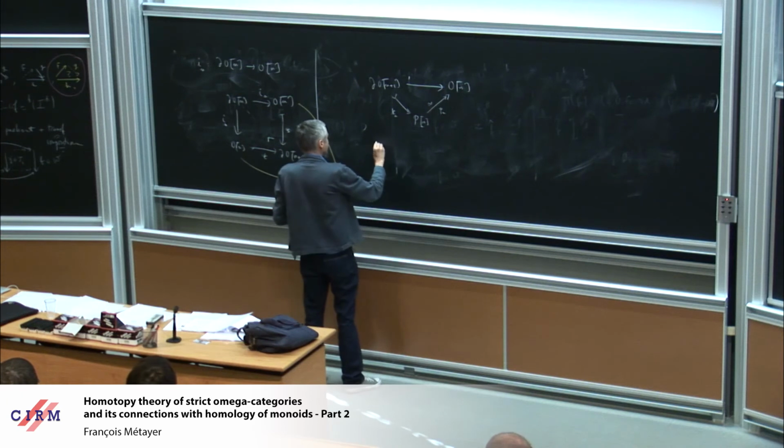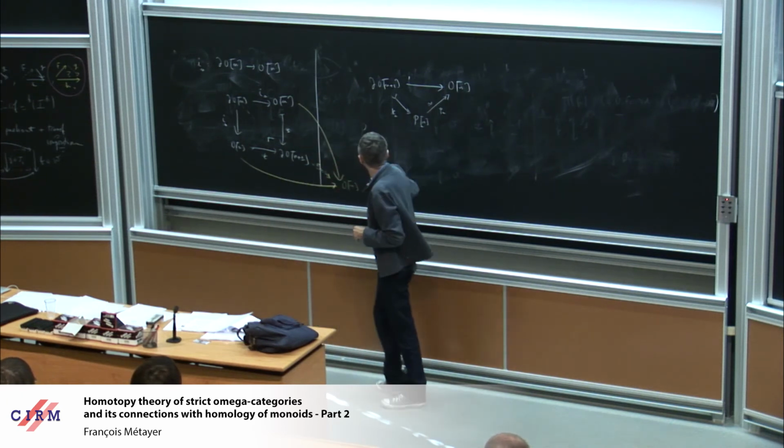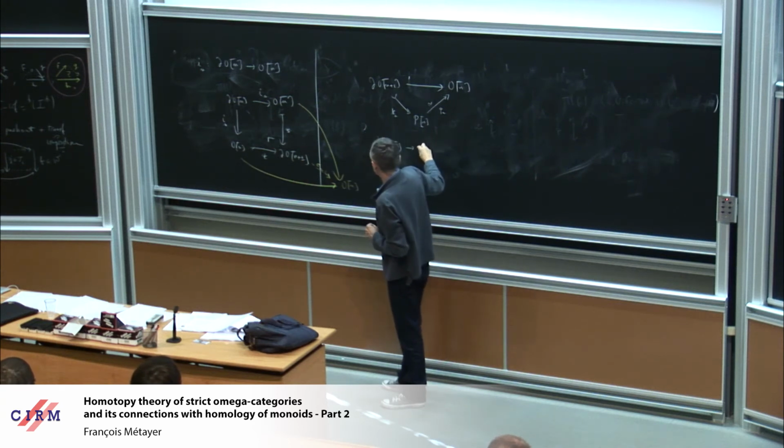For instance, you get a map Jn from On to Pn.